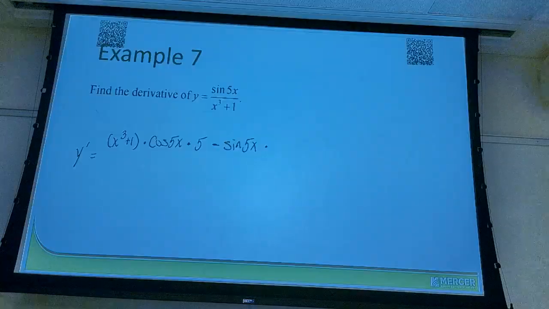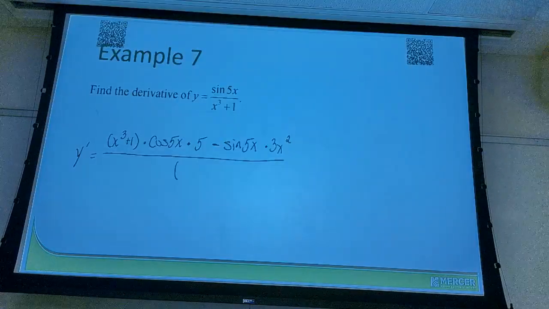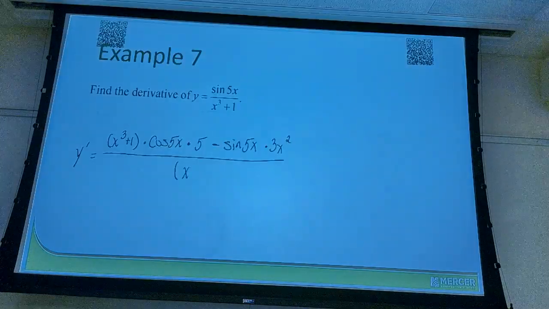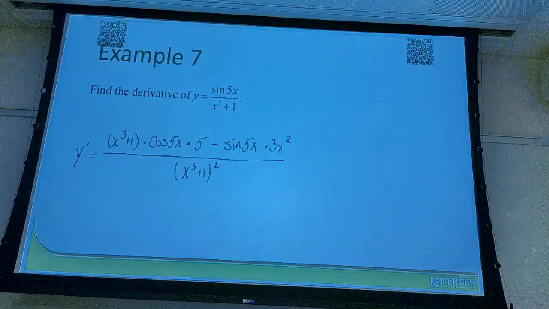So the derivative is 3x squared. And then all over what? 3x cubed plus 1, squared. All that squared. Now simplify. How much do I want to simplify?